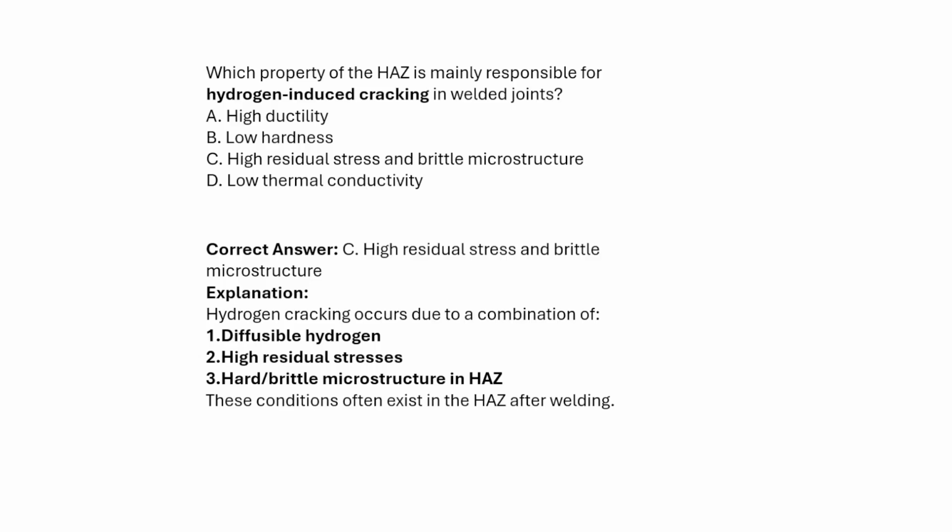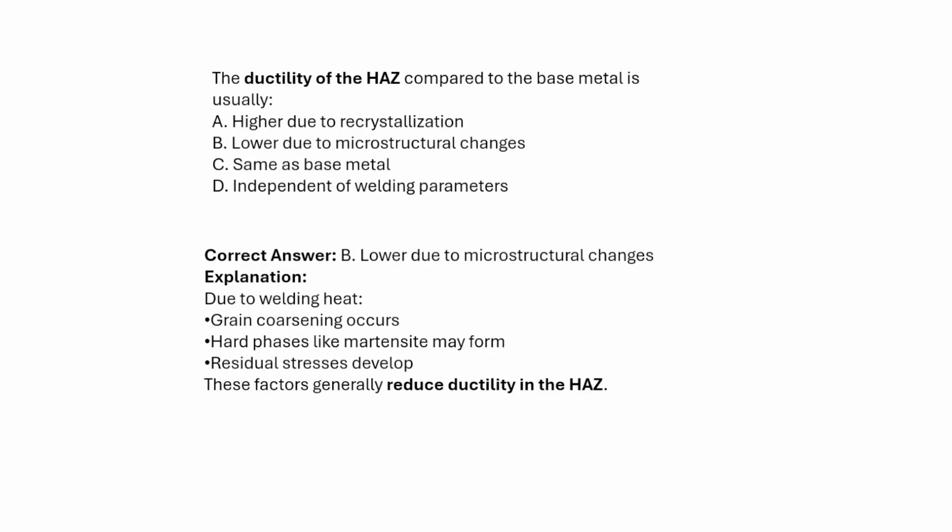So the answer will be C, high residual stresses and brittle microstructure. Why is that? Hydrogen cracking occurs due to a combination of diffusible hydrogen, residual stresses and a hard brittle microstructure in the HAZ. So among those given, one is high residual stresses, so the answer will be C. Those will contribute in the HAZ.